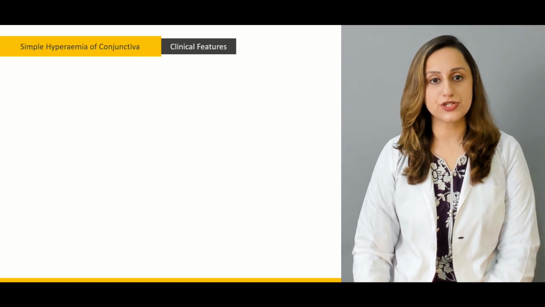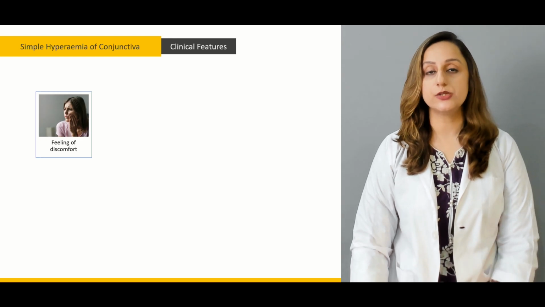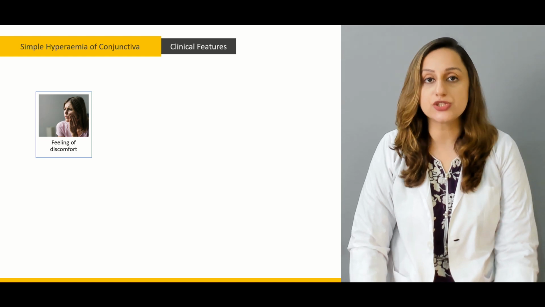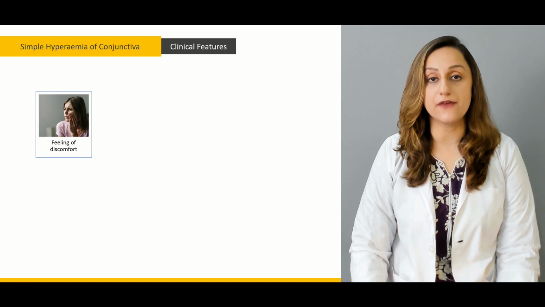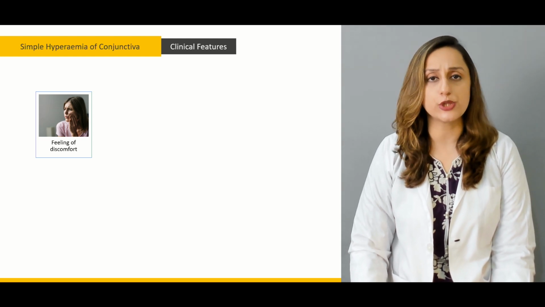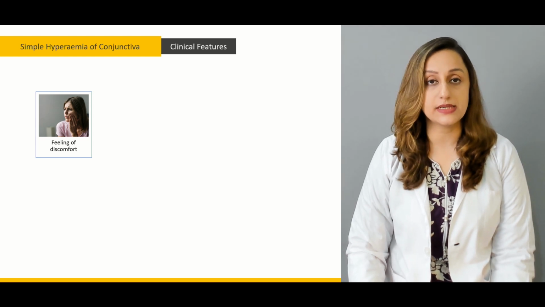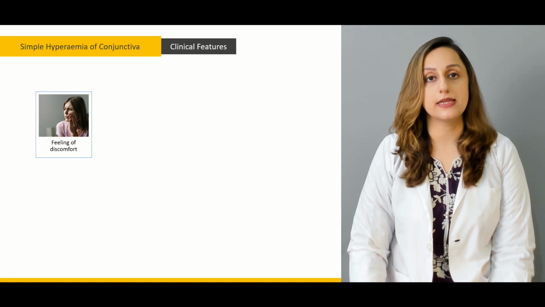The clinical features relating to the simple hyperemia of the conjunctiva would include the feeling of constant discomfort in the eyes. So the patient would constantly complain of a feeling of discomfort, although it's not a painful feeling, but a constant discomfort, a foreign body sensation in his eyes.